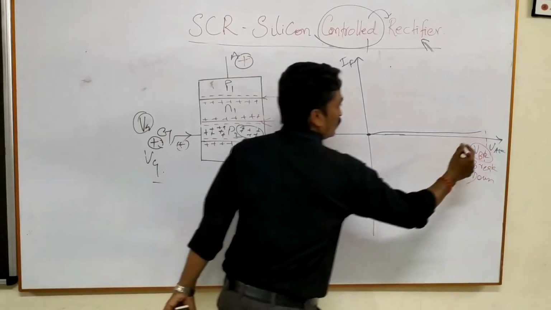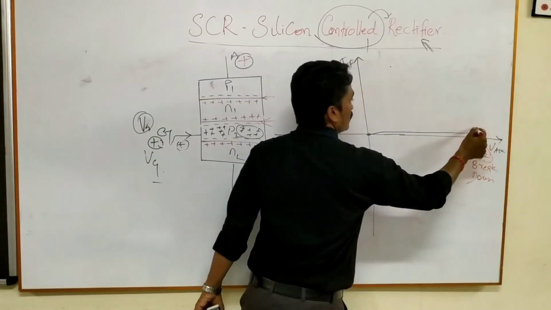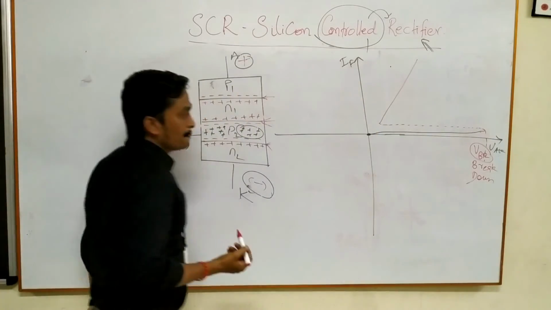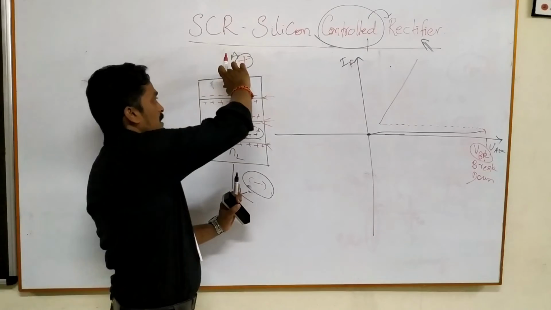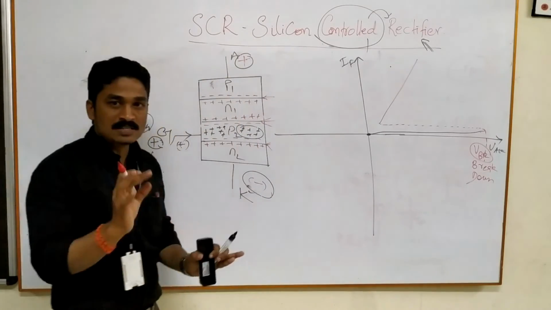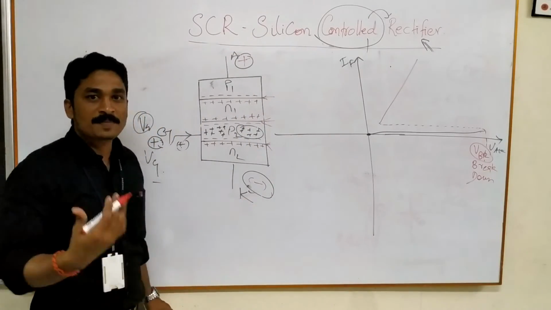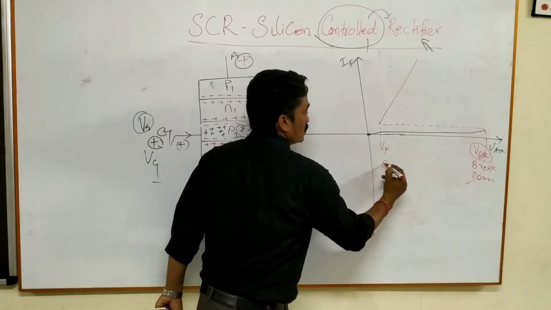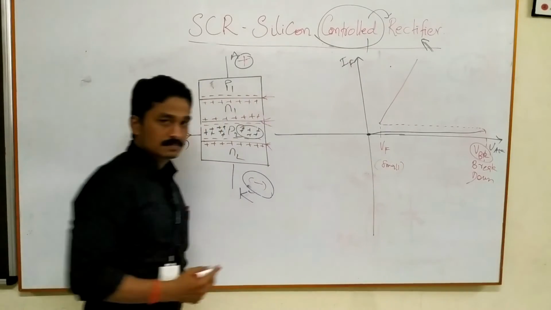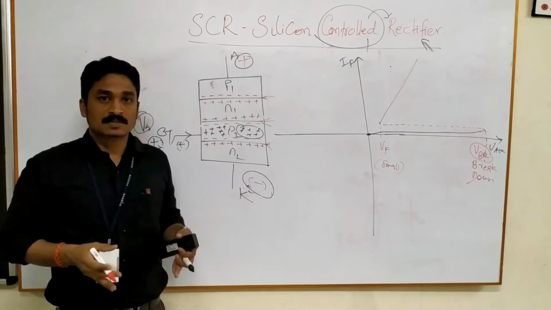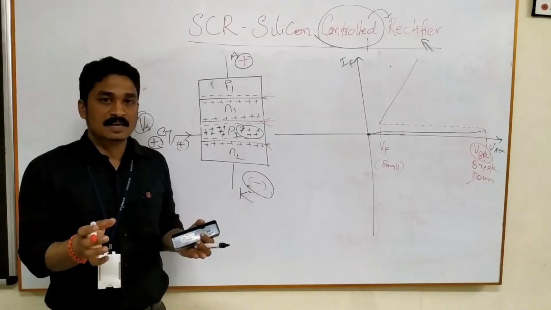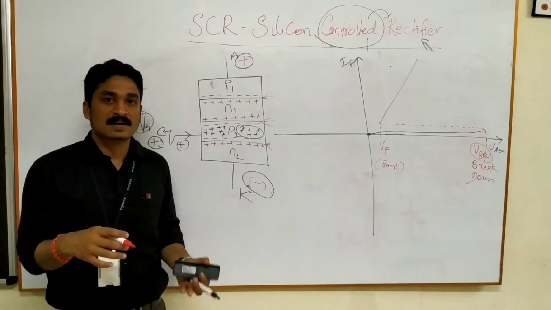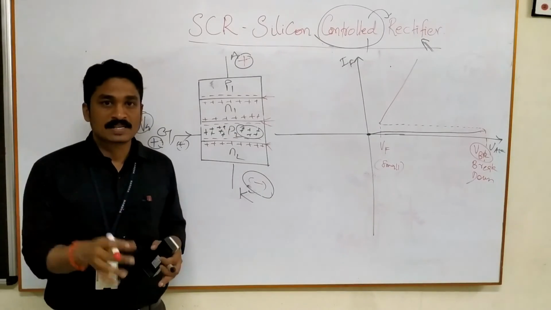Once it is broken down, for larger voltage the current flow will be higher. But if you measure the voltage across the SCR, once the conduction happens, automatically the voltage across it is small. Yes or no? If you measure the open circuit terminal, then it will be high voltage. If you measure the short circuit terminal, the current flow will be high, but the voltage is less.